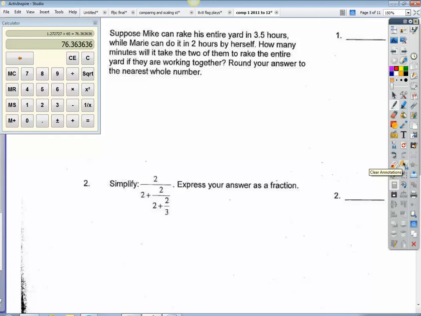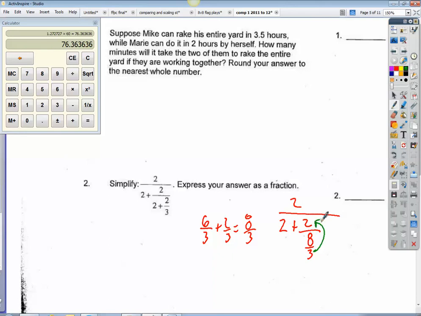All right, so complex fractions. Let's start at the bottom. To add 2 to 2/3, you have to turn it into thirds, so that's 6 thirds plus 2 thirds, which is equal to 8 thirds. So I'm rewriting the whole thing: 2 plus 2 over 8 thirds. Bottoms up, Landon likes to say.